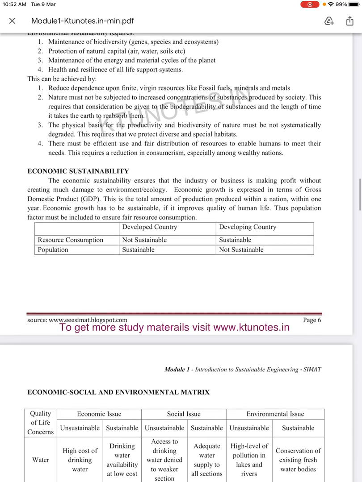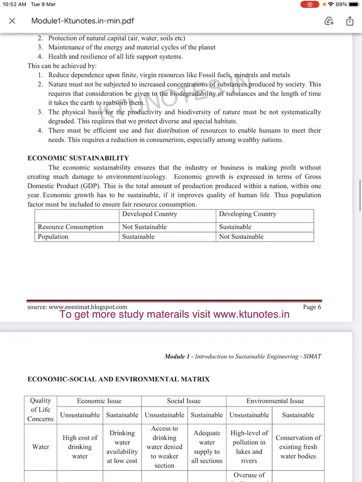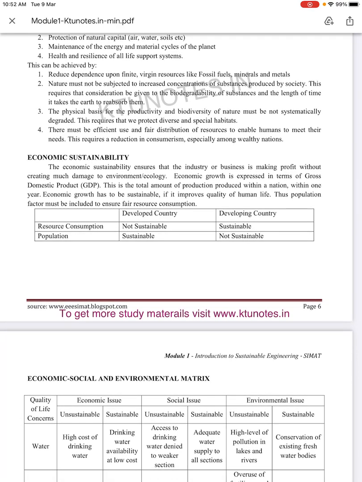That mainly discusses how much economic growth we are making, but we have to consider that without making much degradation to the environment. If we have a high GDP, that mainly means taking more resources and producing more products. That is not going to work here, so we have to consider the environment.